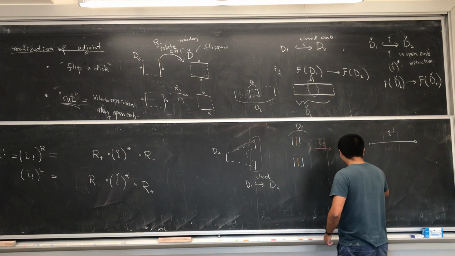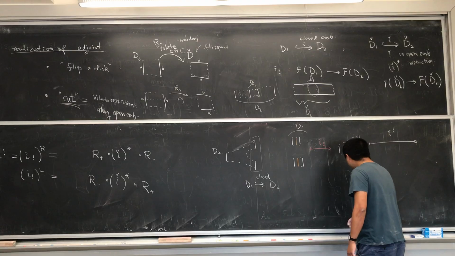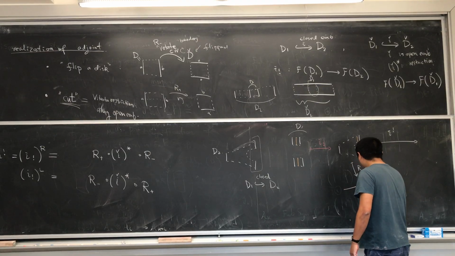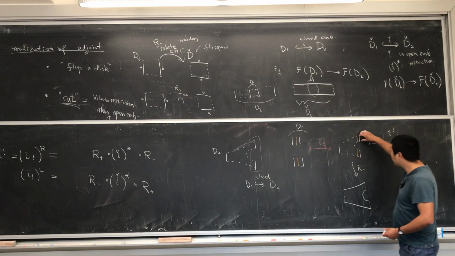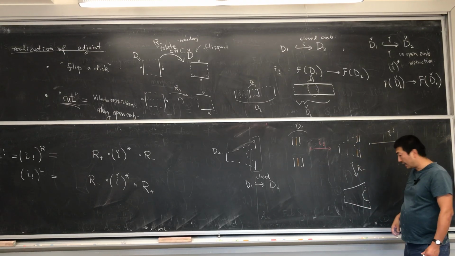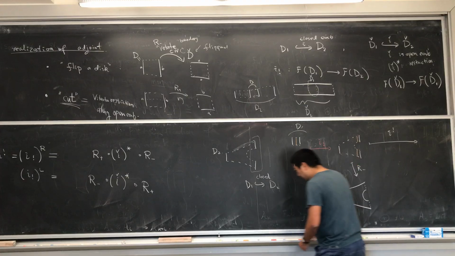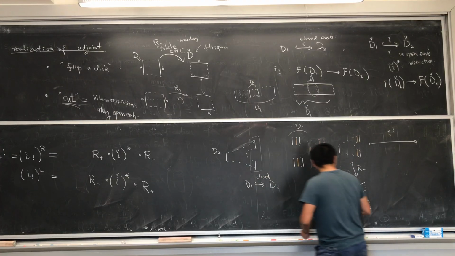So to apply R minus, I end up with the disk where the boundary colors are swapped, and I push along my Lagrangian so that it goes along the right.